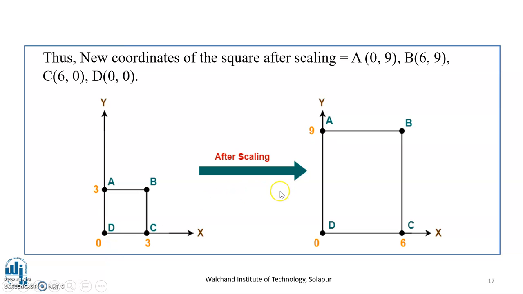After scaling using 2 along the x-axis and 3 along the y-axis, we have obtained this scaled square ABCD with these new values. I hope by now you have understood the concept of 2D scaling, how to represent a 2D scaling matrix using homogeneous coordinates and how to solve a problem.